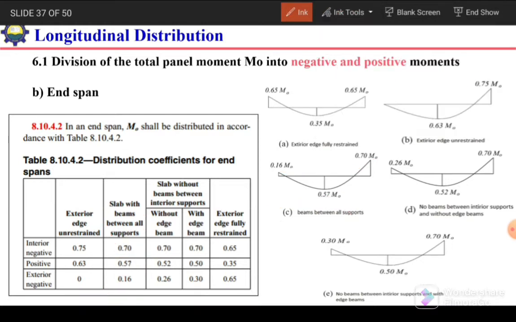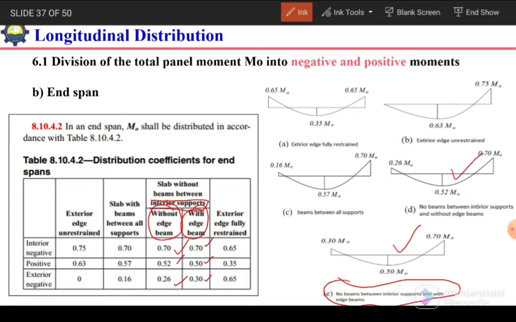Okay, if there is slab without beams between interior supports, if there are no interior beams but we have edge beam, in that case the distribution will be 0.7, 0.5 and 0.3. This one, no interior beam but we have edge beam, and if there is no edge beam, in that case it will be 0.7, 0.52 and 0.26.